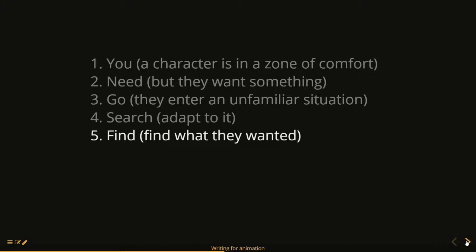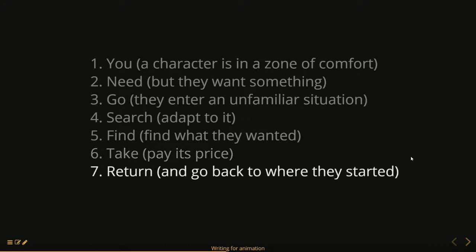It's a very classic story trope. But to take what they want, they have to pay a price. They get into a huge problem, into a huge conflict that happens because of their need, because of their want.